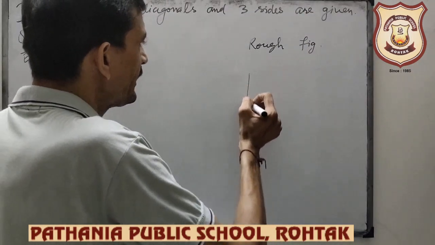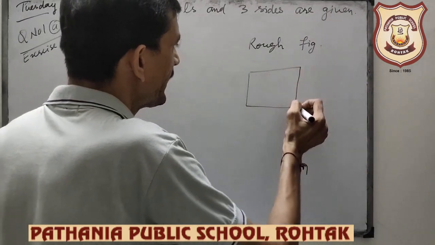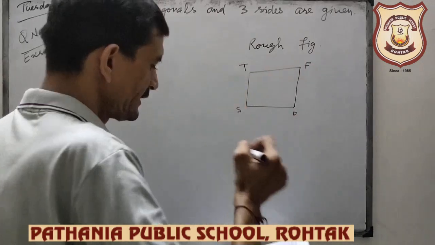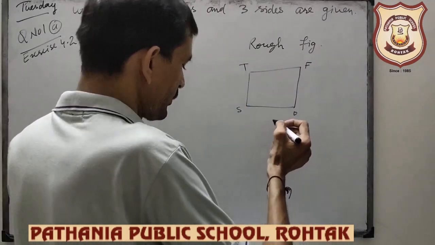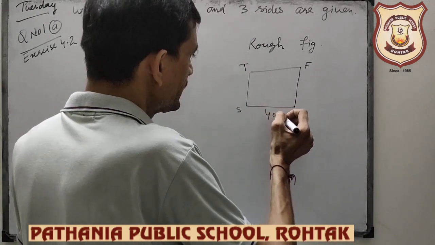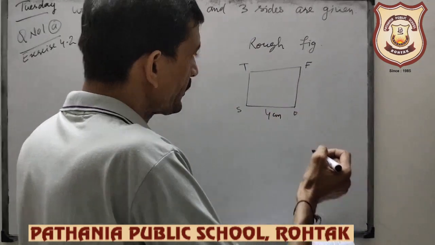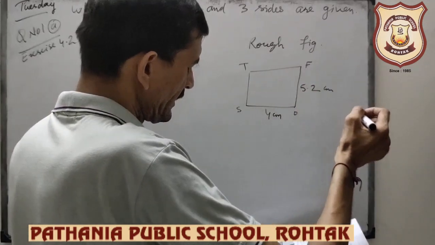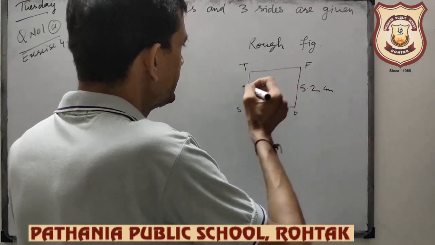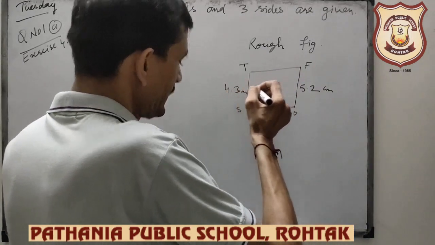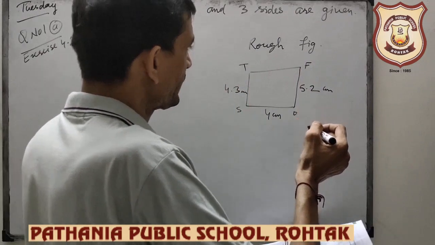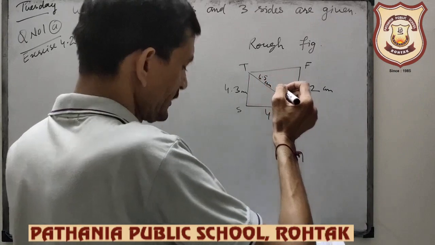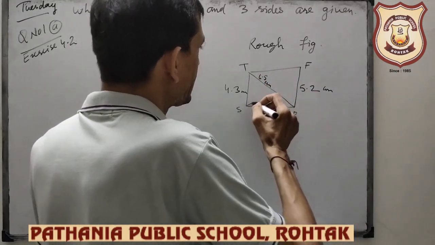Don't forget to draw a rough figure. What is given? SO is 4 centimeter, OF is 5.2 centimeter, and TS is 4.3. The diagonal OT is 6.5 centimeter and SF is 6 centimeter.